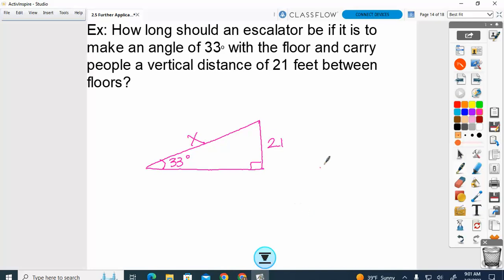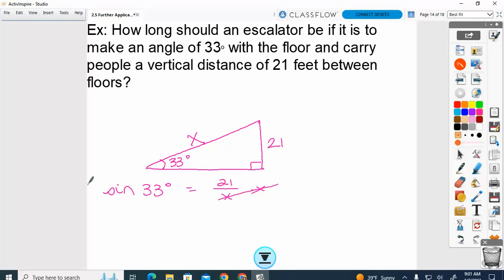What trig function would we use? The sine of 33 degrees equals the opposite side 21 over the hypotenuse x.